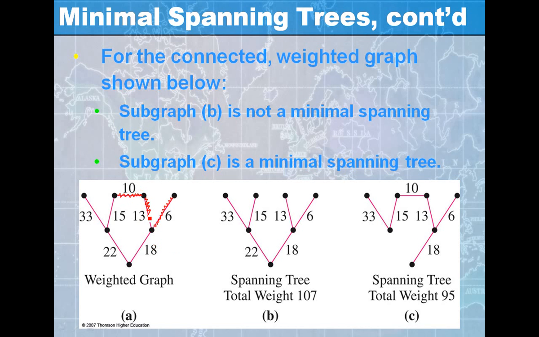If you put in 13, still no circuit. 15, still no circuit. 18, no circuit. 22 will cause a circuit, so we don't put that edge in. And then 33 brings our last point into the graph. So C is our minimal spanning tree.